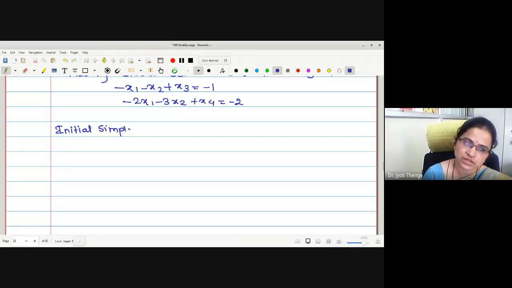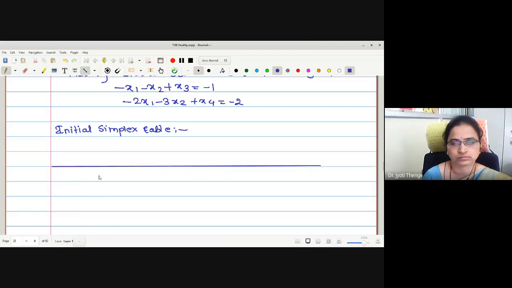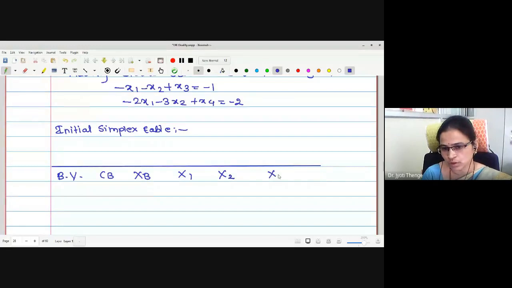Therefore, what is my initial simplex table? Basic variables, CB, XB, X1, X2, X3 and X4.